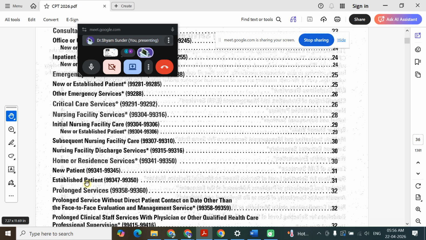Please remember, we are talking about coding rules. Coding rules may not be the same as reimbursement rules. For example, you're a physician running a clinic, and for every service there should be a license, right? Without a license, can we run any operations?